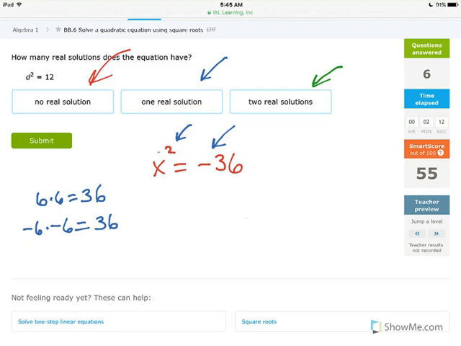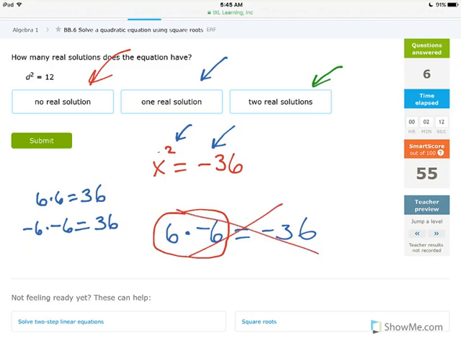And if you tried one or the other, so if you tried 6 times negative 6, you do get negative 36, but we can't say that this is a square because those two numbers aren't the same number. So you can't say it's 6 squared or negative 6 squared because they're two different numbers. So this is not going to work.